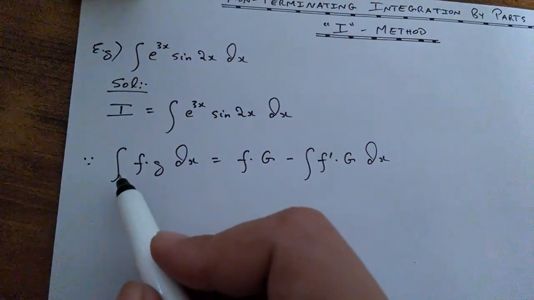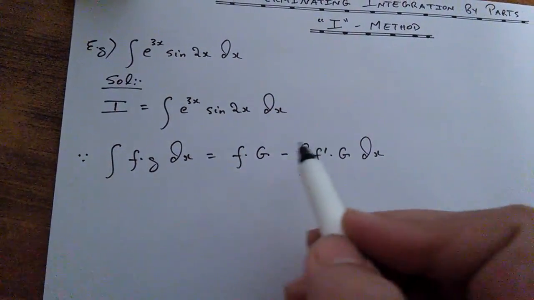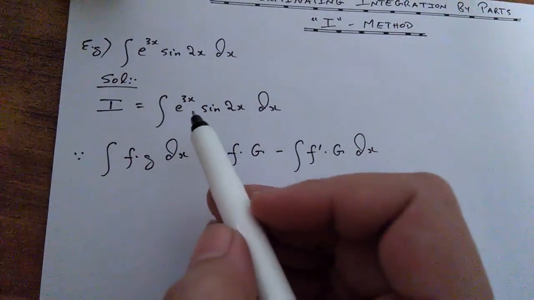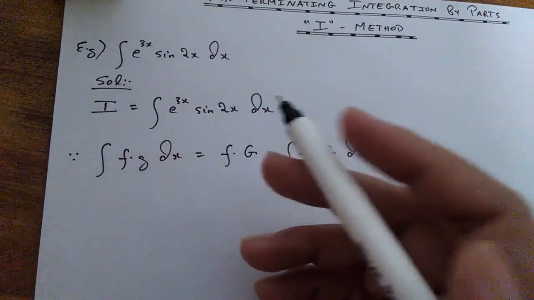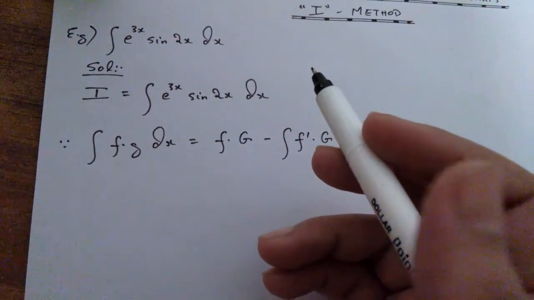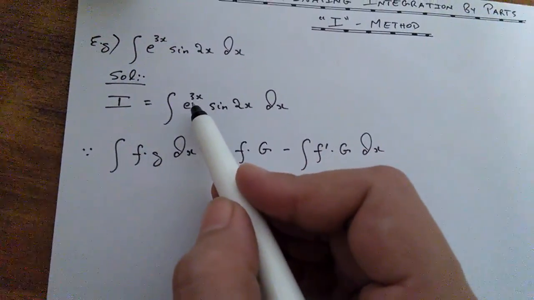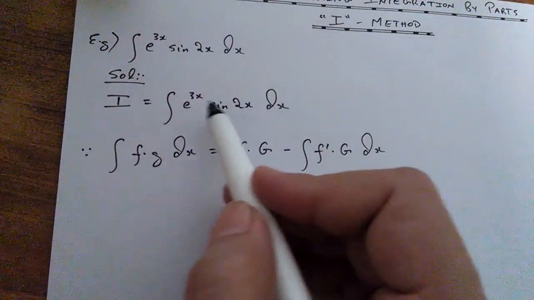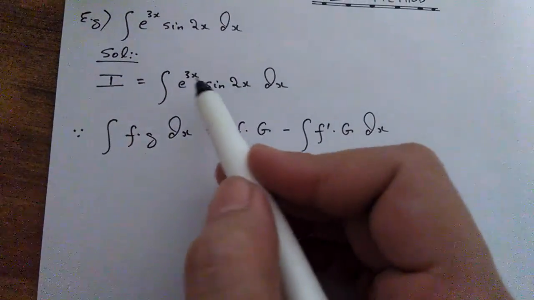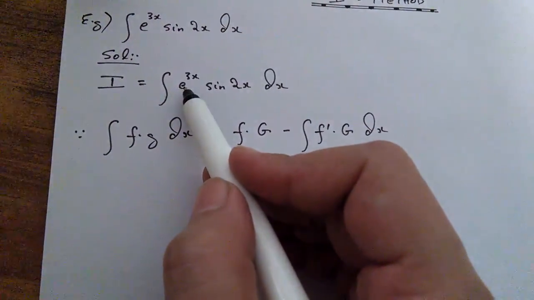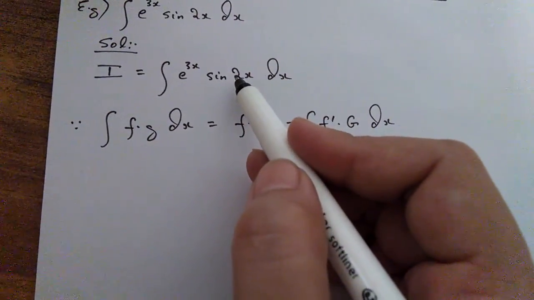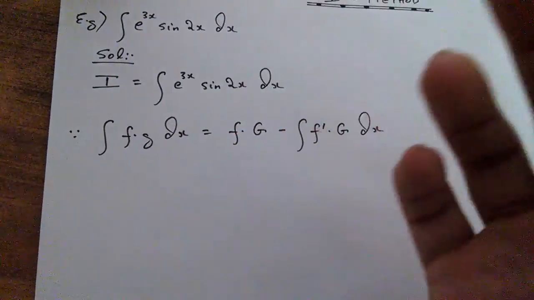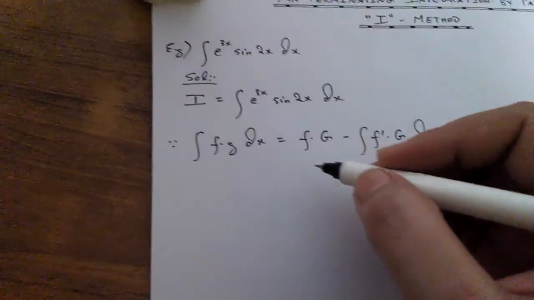You are quite familiar with the formula of integration by parts. Now since both these functions have the same nature of derivative and integral, you are free to take either function of this integrand as your f and as your g. It is your choice. You can take the exponential as f and the trigonometric as g, or the trigonometric as f and the exponential as g.